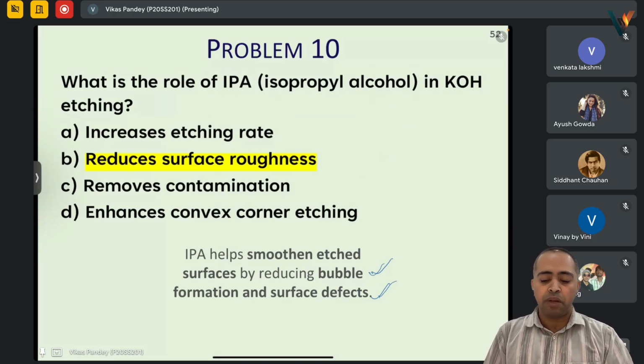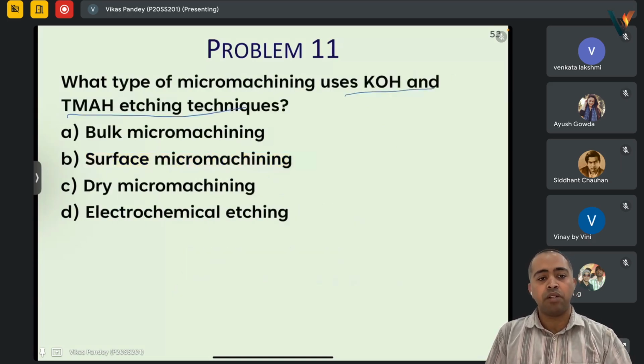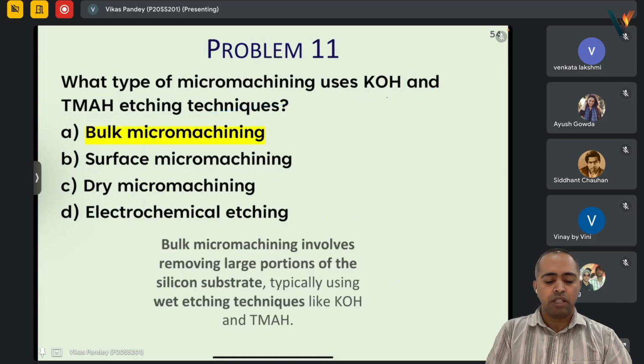What type of micromachining uses KOH and TMA etching techniques? Bulk micromachining, surface micromachining, dry micromachining, electrochemical etching. Yeah, anyone? For bulk micromachining, we are generally using KOH and TMA etching.